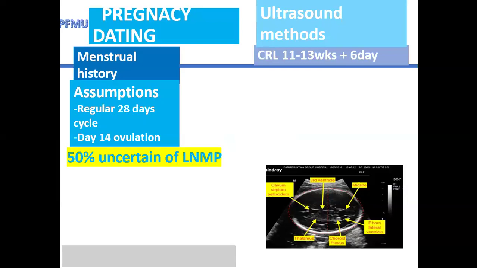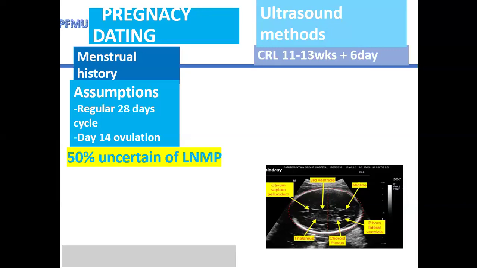This assumption that occurs on number 4. If there is probably a disharmony in terms of those assumptions, dating using LNMP becomes inaccurate.